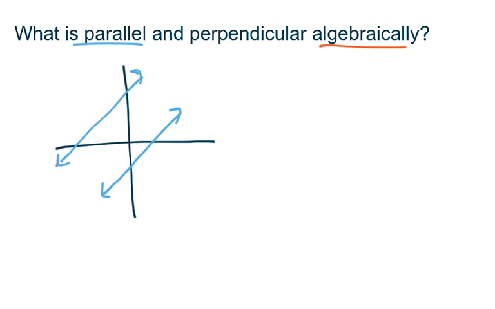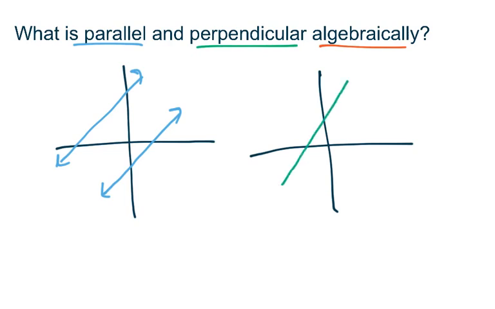Whereas perpendicular, on a coordinate plane, means they intersect to form a 90-degree angle. Algebraically, we need to think about what this means. For parallel, it means that you have the same slope. That's easy enough. That kind of makes sense.